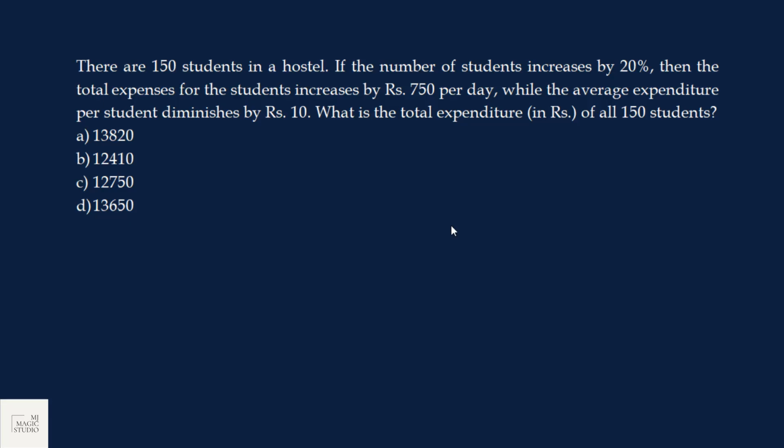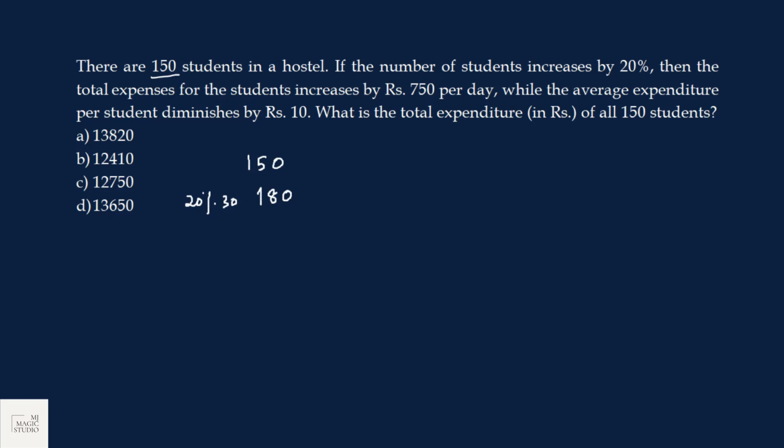Okay, on to the first sample question, and you must have followed the drill. There are 150 students in a hostel. If the number of students increases by 20%, 20% of 150 is 30, that means new number of students is 180.